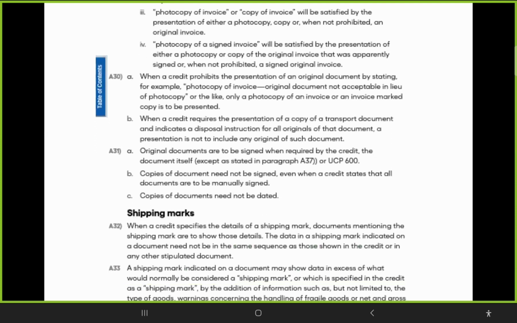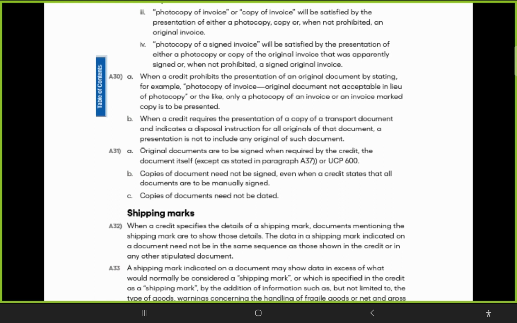When a credit requires a presentation of a copy of a transport document and indicates a disposal instruction for all the originals of the transport document, a presentation is not to include any original of such document. For obvious reasons, right? If credit only calls for a copy transport document, say for example, they are asking for a copy bill of lading, and they're also giving you the disposal instruction saying that all the originals are to be directly sent by the beneficiary to the applicant.